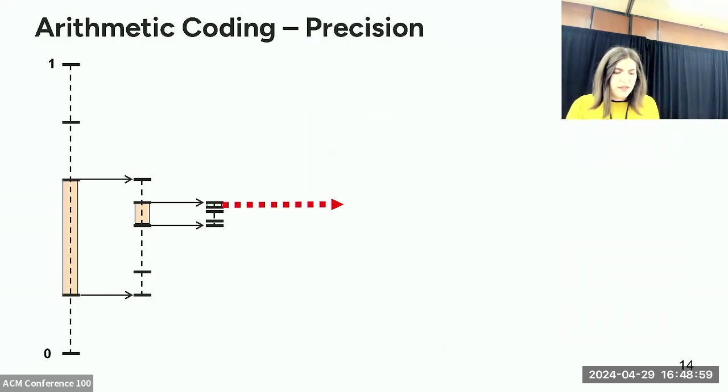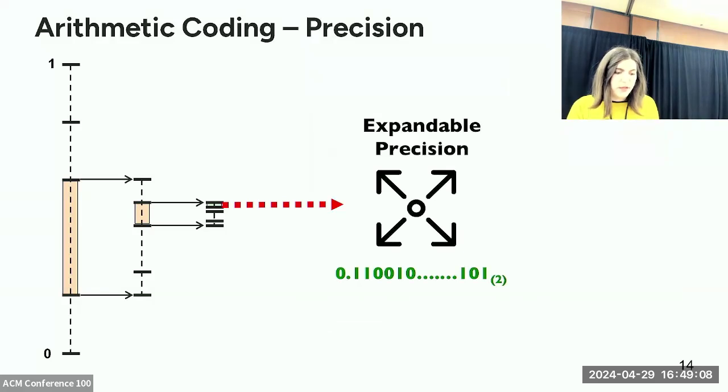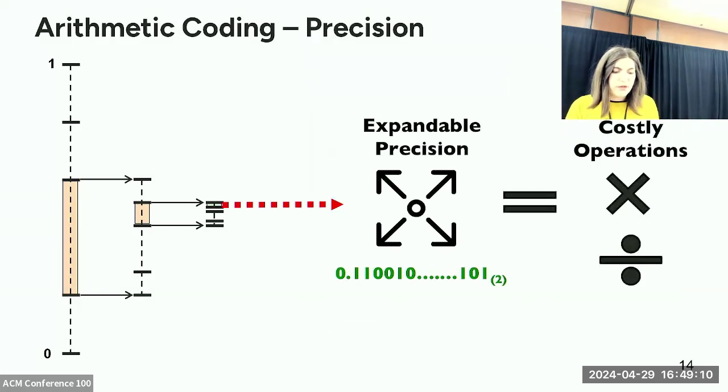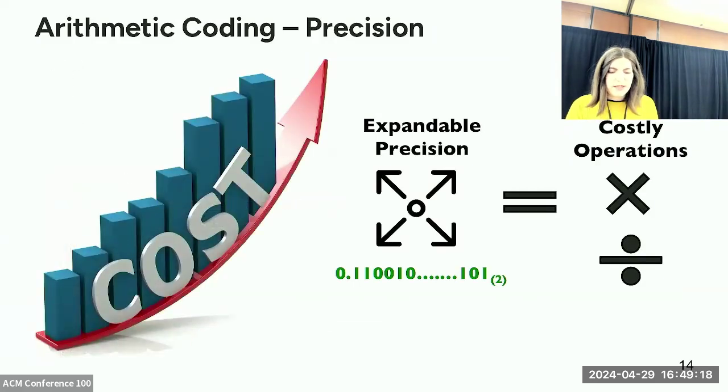Moving on to the second challenge, as we encode symbols, the precision needed increases because our range keeps getting smaller. As a result, the algorithm requires very costly arithmetic operations, such as wide multiplications and divisions. These consume more energy, increase the latency, and require large circuits, which make this design unfavorable to implement in hardware.